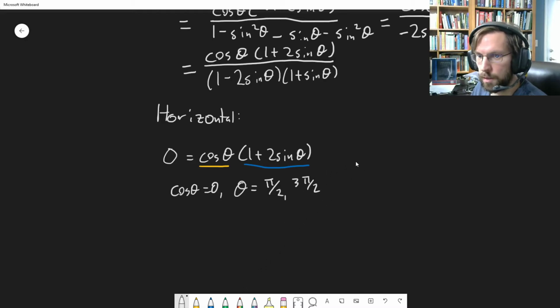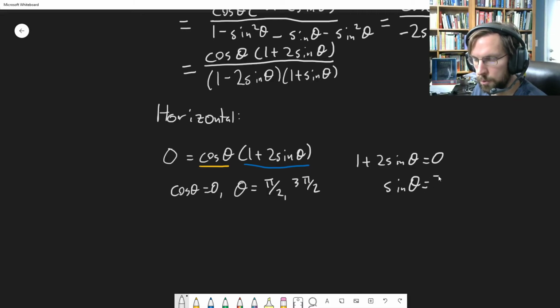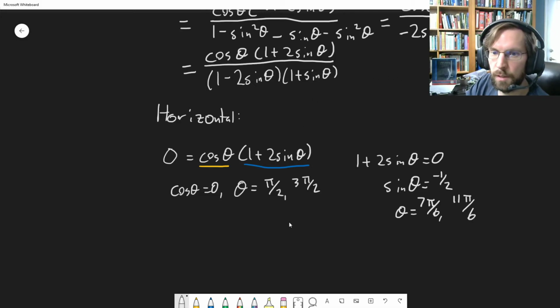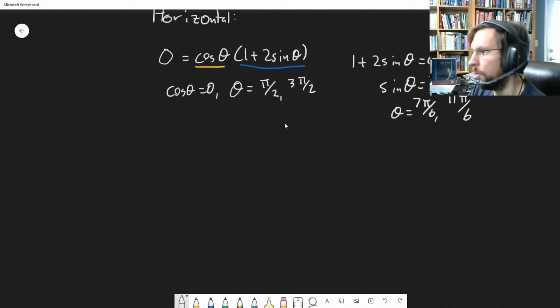And if 1 plus 2 sine theta is 0, then that means sine theta equals negative 1/2. And that happens when theta is going to be 7 pi over 6 and 11 pi over 6. Okay, we'll go back and look at our graph after we find the vertical tangents as well.